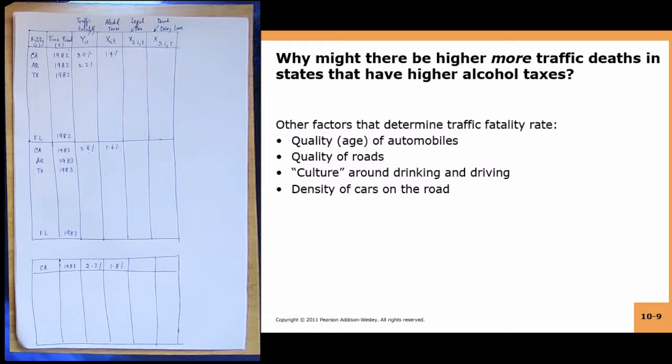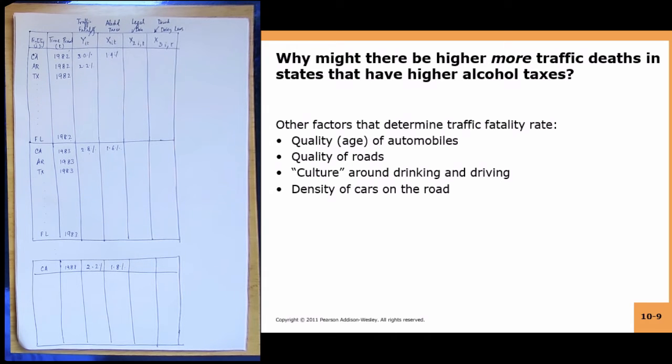Another thing might be the culture around drinking and driving. So a particular state may have a bit of a lax culture where people party a lot. Drinking and driving is not considered to be a very bad thing socially. People tend to do that. I don't know whether it is completely true or not, but some states like Florida, where young people may go to party, it may be that there is a culture around drinking and driving, which may lead to greater fatalities.